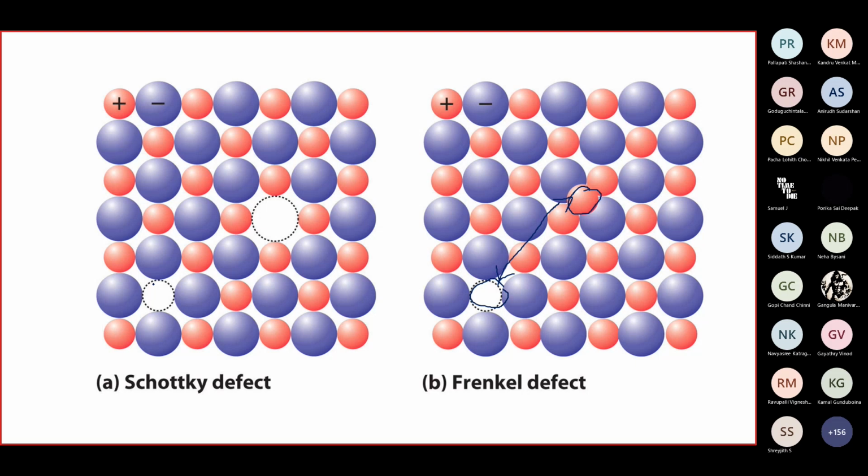And here, a vacancy of one ion and another vacancy of an ion together are called a Schottky defect. So Frenkel and Schottky refer to two types of defects. In one case, both are vacancies. In the other case, one vacancy and one interstitial.